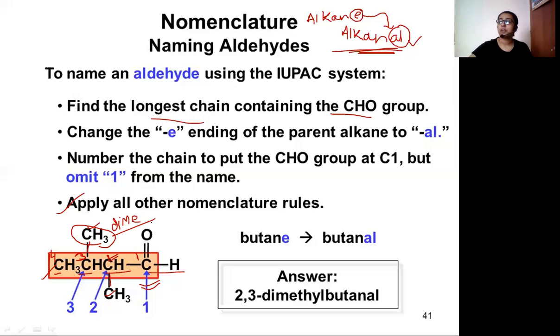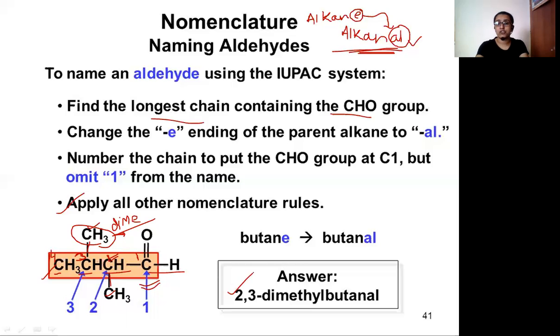If the substituents are the same, we use the prefix di, tri, tetra, but we indicate their positions by writing the numbers individually. At the second and third positions there are the same substituents, so we use the prefix di, but numbers 2 and 3 should be written.